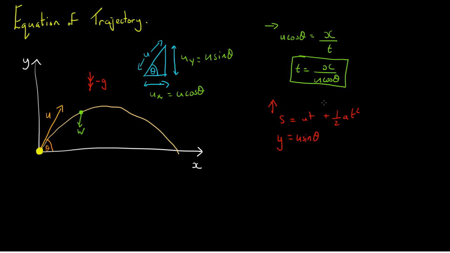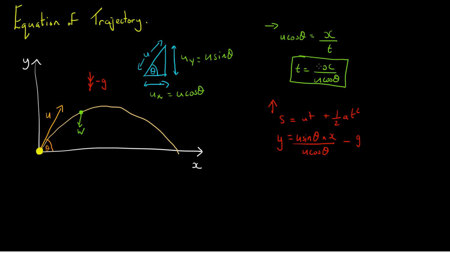Now instead of t, I'm going to replace that with what we rearranged from the horizontal motion. So we're going to times that by x divided by u cos theta. For the next term, acceleration is not positive, it's minus g from our sign convention. So rather than plus, it's going to be minus. Acceleration is g. And we've got t squared.